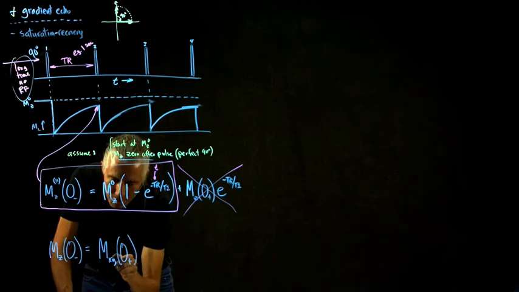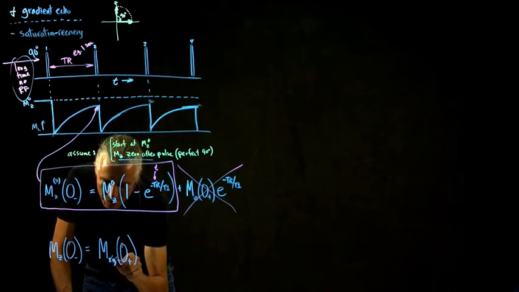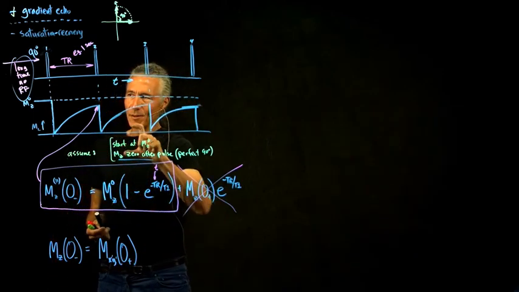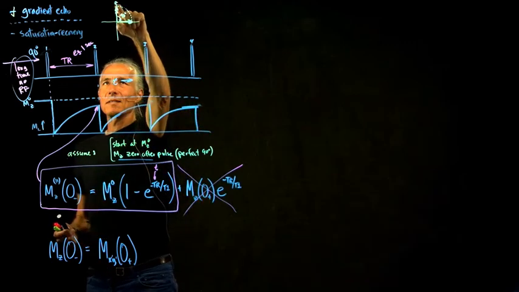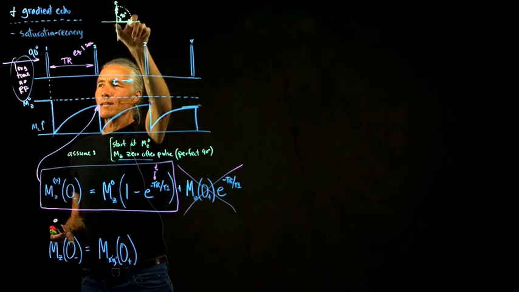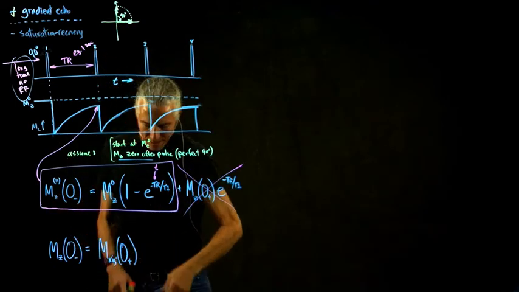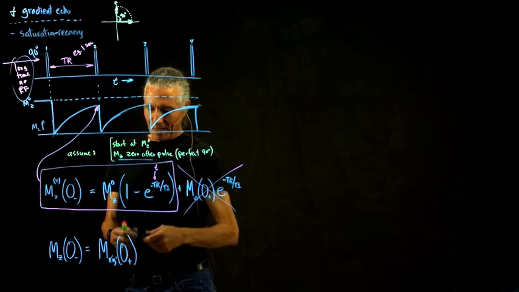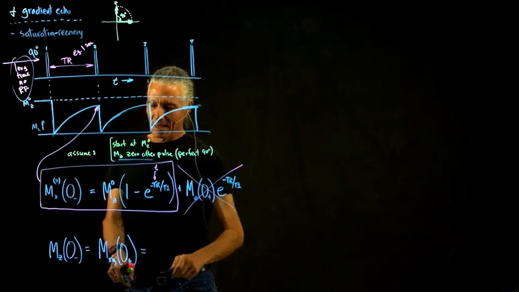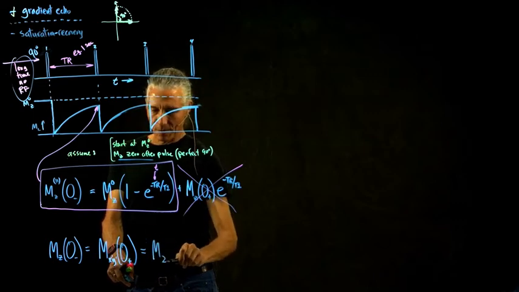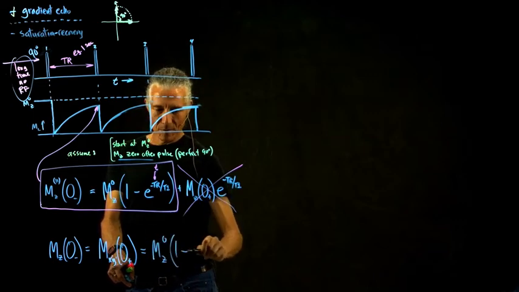And you could put a prime on there because this is the rotating coordinate system. So we've given up on all the rapid oscillations. We're just considering, in the rotating coordinate system, as if these magnetization arrows were more or less stationary. So basically what that says is that the transverse magnetization we're going to get is equal to this Mz0 times 1 minus e to the minus TR over T1.